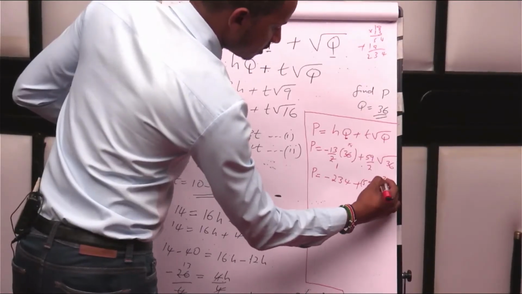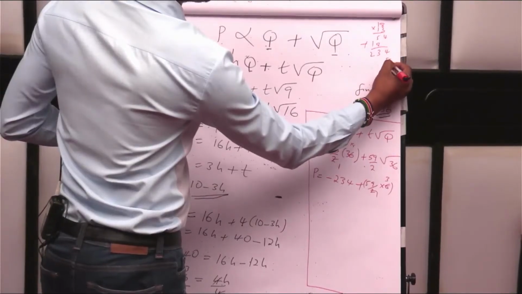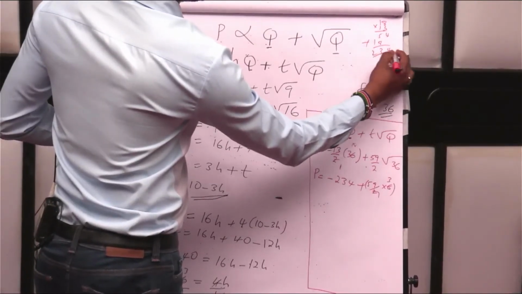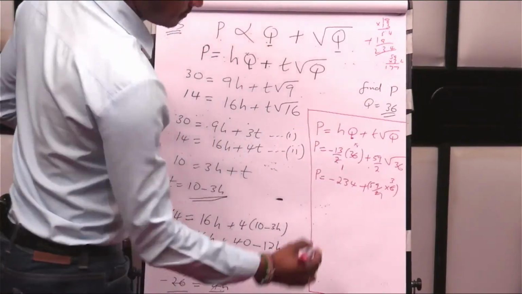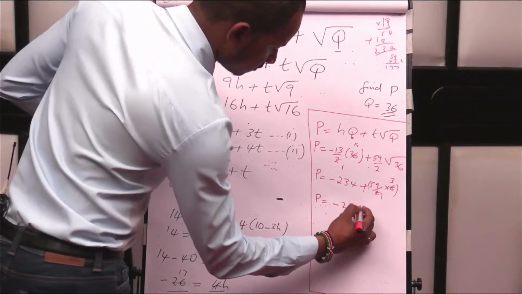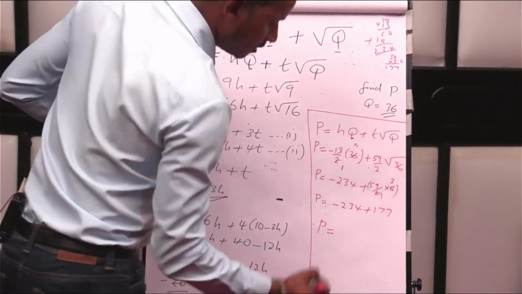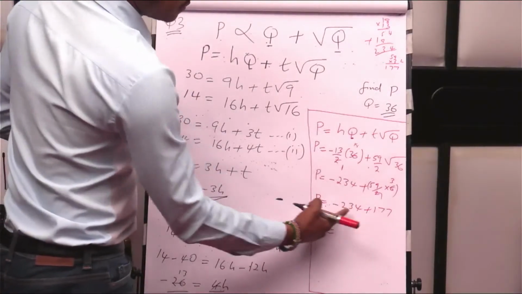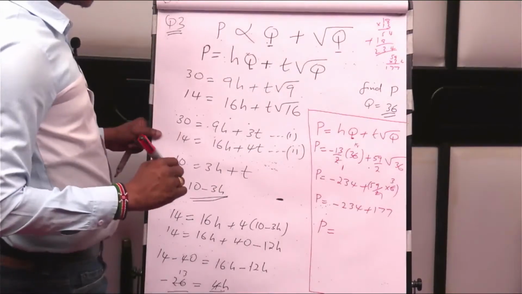Here once, here 3. So 59 times 3 gives you 177. So P equals minus 234 plus 177. Take care of the signs, class.